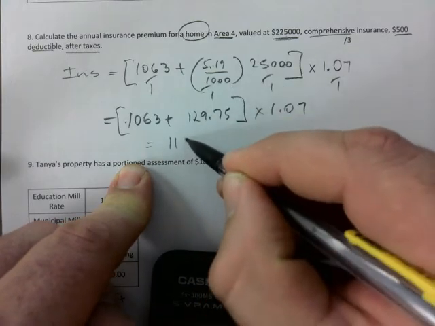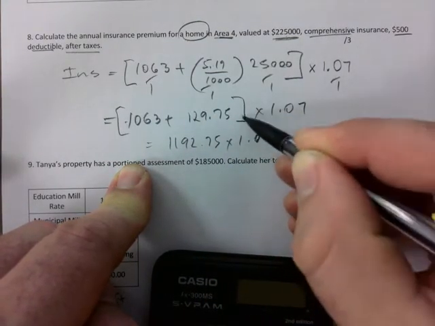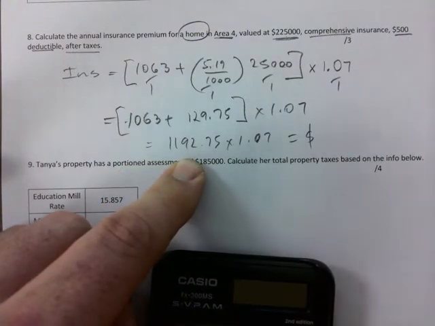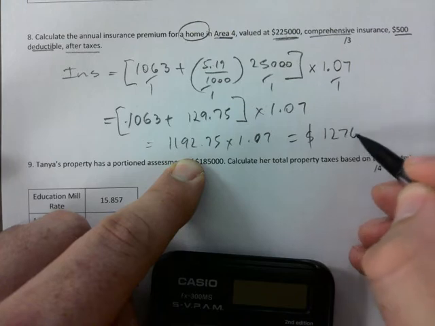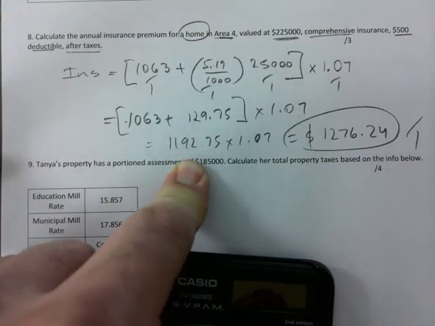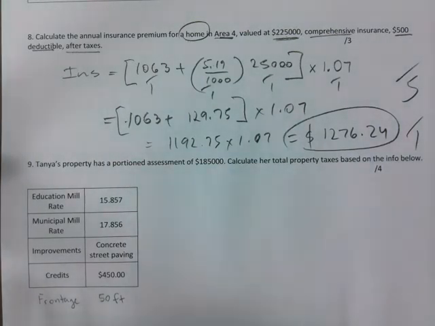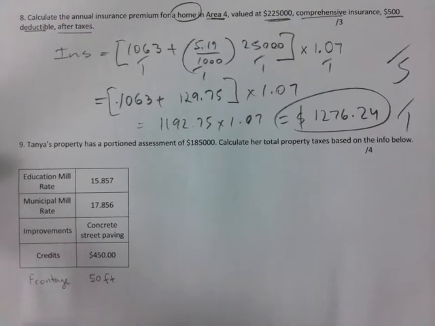So this is 1192.75 times 1.07. Now you can get rid of those brackets. 1276.24. 1 mark for that. So 1, 2, 3, 4, 5 again. I will probably on a test use half marks, but it's the same thing. Overall, you're gonna score the same. Getting a 3 out of 3 or a 5 out of 5 is the same. It's 100%, right?